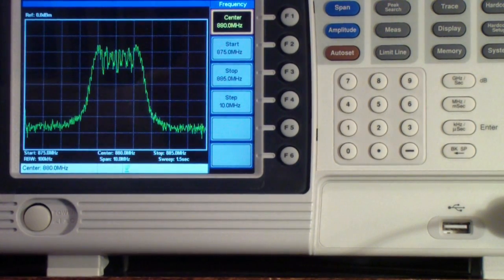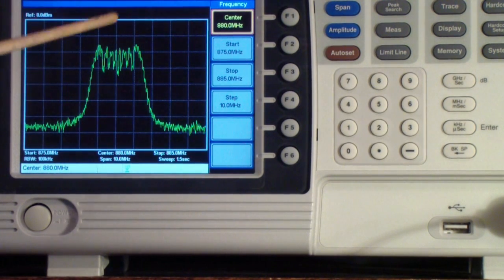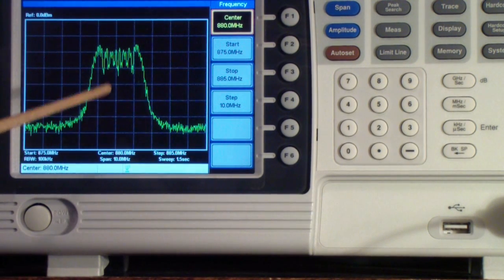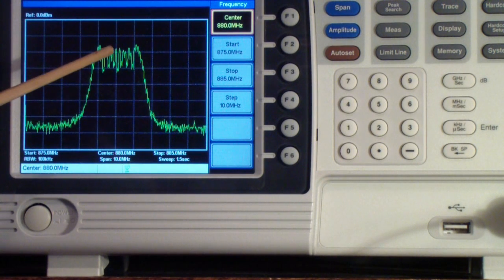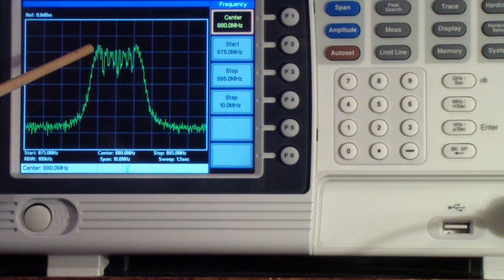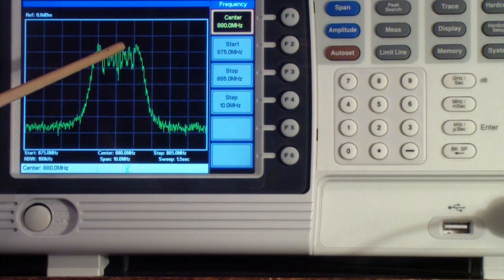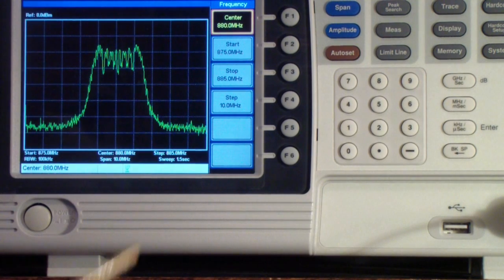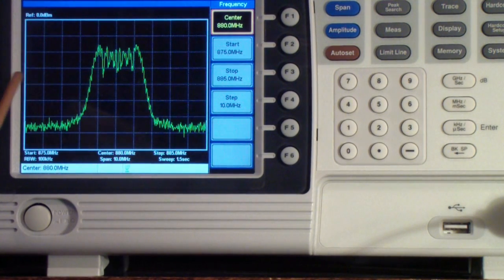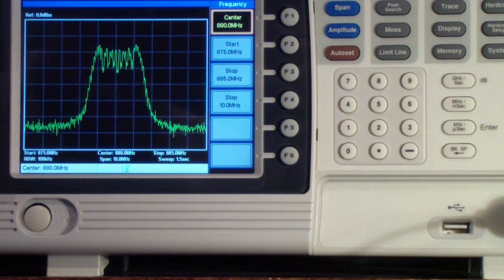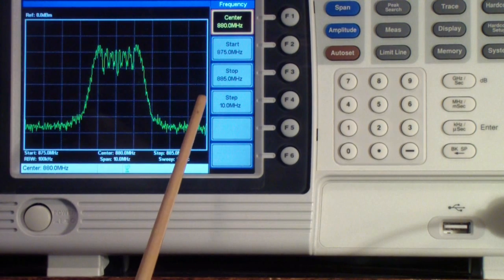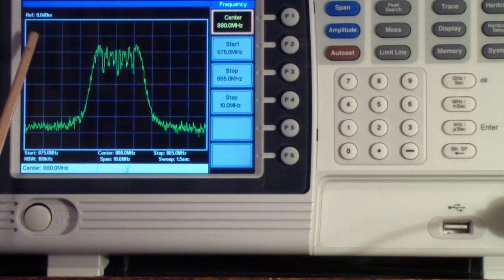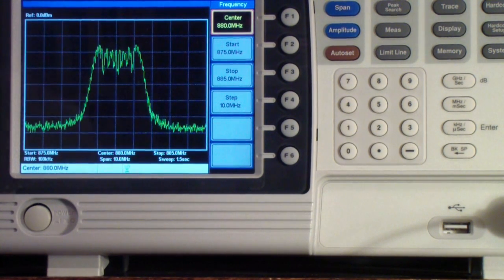I have set up the trainer to generate an 880 megahertz FM signal with a 2 megahertz total bandwidth, in other words, a 1 megahertz deviation. The span of the spectrum analyzer is set to 10 megahertz, and the reference level is set to 0 dBm.